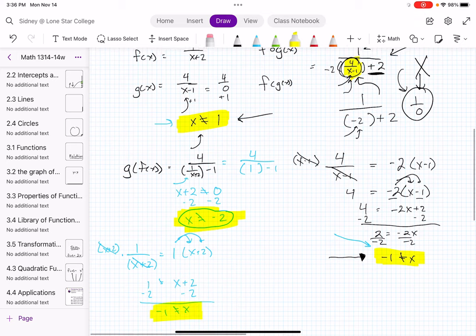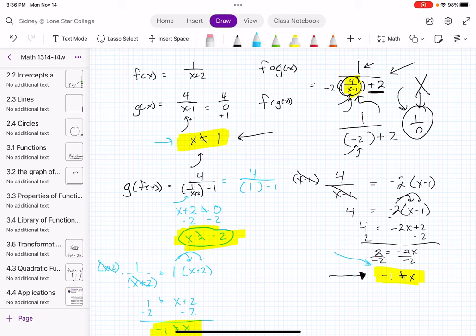So you can check these however you want, but what you have to remember is first, you need to check what you're plugging in, the function that's being plugged in. Does it have any restrictions? Because you must honor those restrictions.